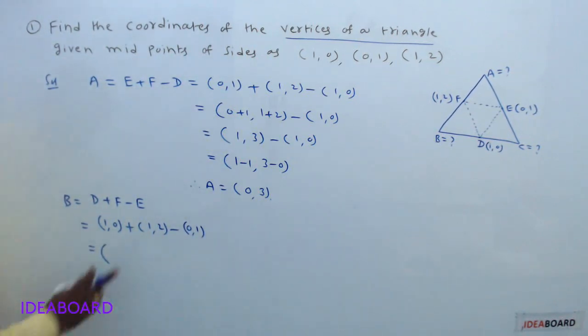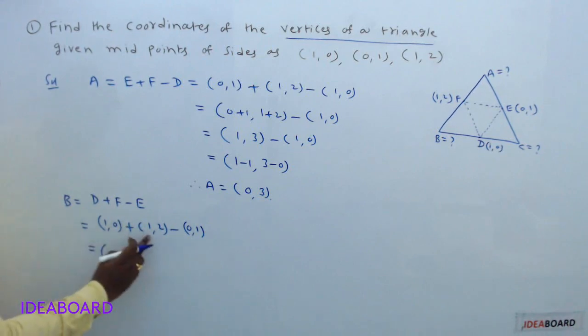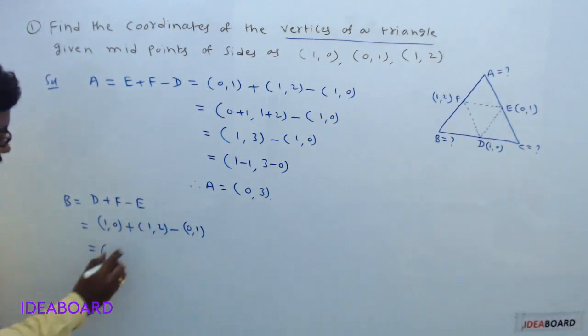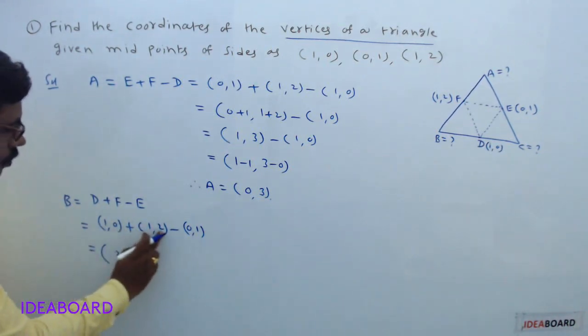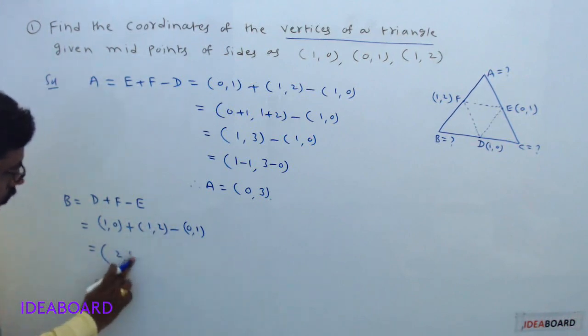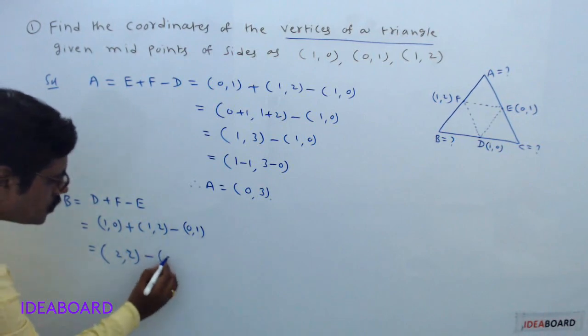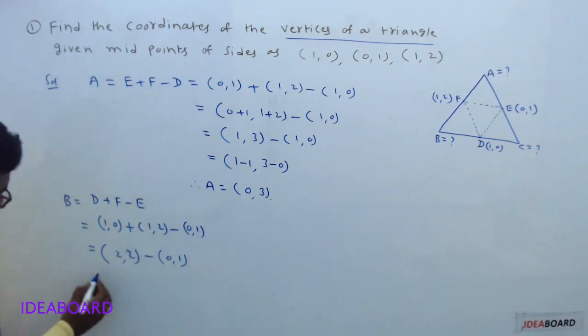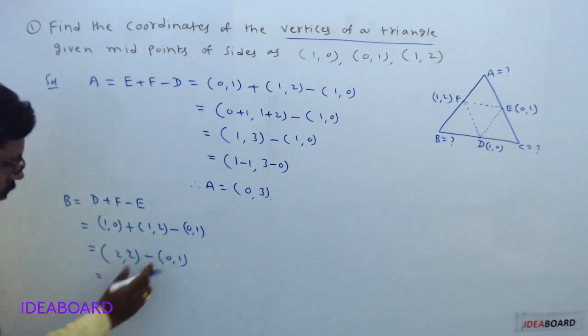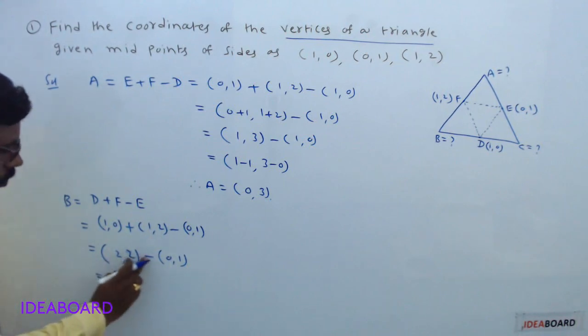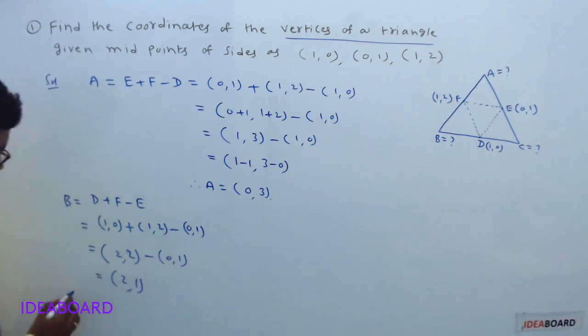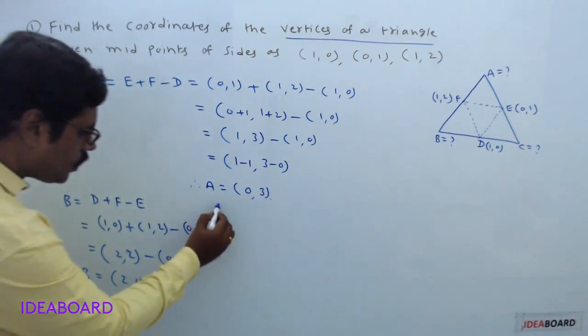Add the corresponding coordinates: (1 plus 1, 0 plus 2) minus (0, 1). This is (2, 2) minus (0, 1), which gives (2 minus 0, 2 minus 1). Therefore, coordinates of B is (2, 1).